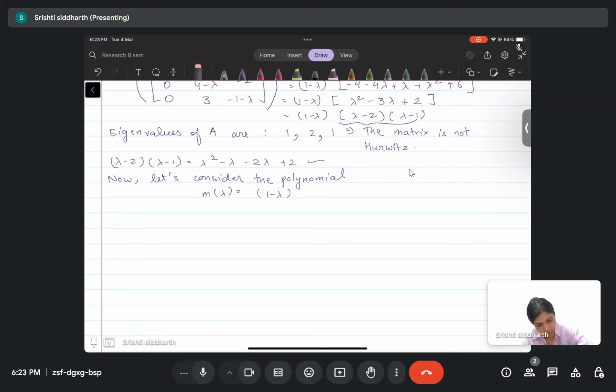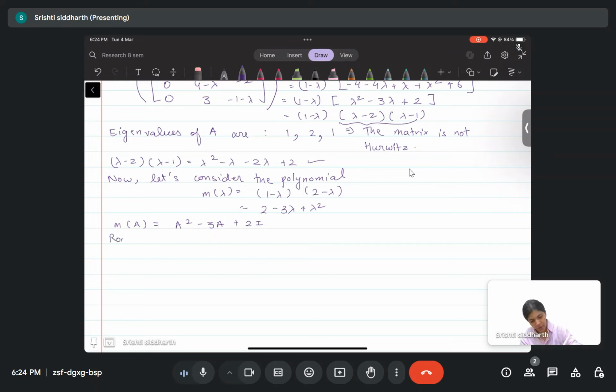Something like 2 minus 3 lambda plus lambda square, and if we substitute A in it, we get A square minus 3A plus 2I equals 0.